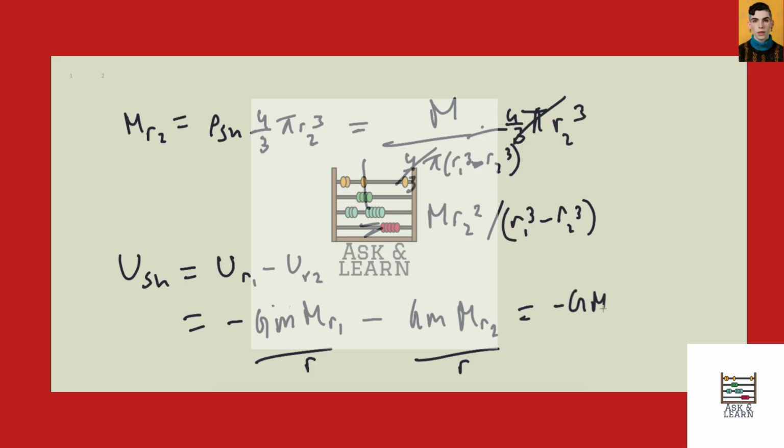So you have negative G m over R times M_R1 minus M_R2.